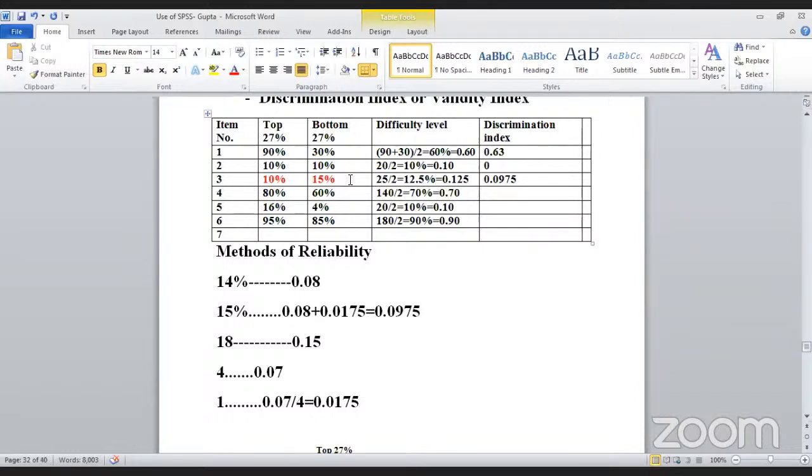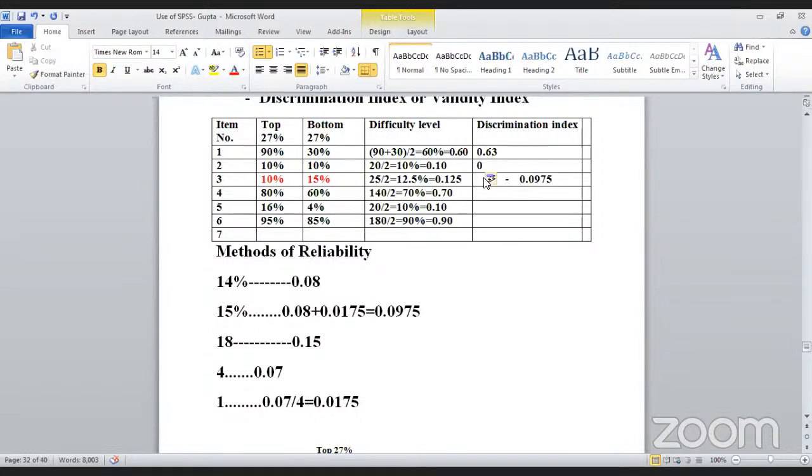So when there are more from the bottom and fewer from the top, the value is minus. So discrimination in this case is minus. In all other cases, a higher percentage of people from the top attempt it correctly.